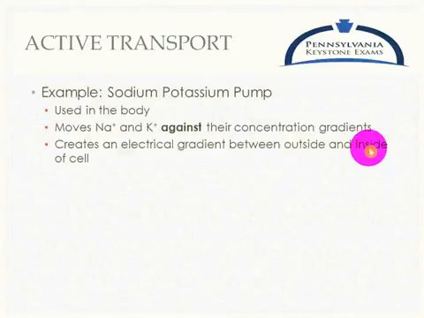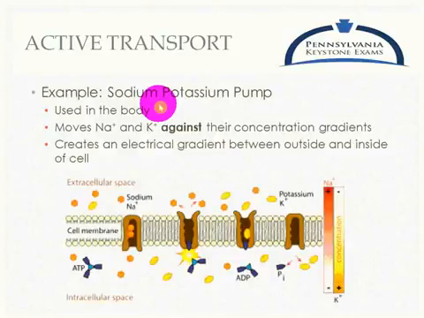And what that does is cause a difference in the charge inside of a cell and outside of the cell. And it does this by moving sodium ions and potassium ions. Both of them get moved against their concentration gradients. So what happens is, in a natural way, you can see here sodium is shown in the little red hexagons, and potassium is shown in yellow.